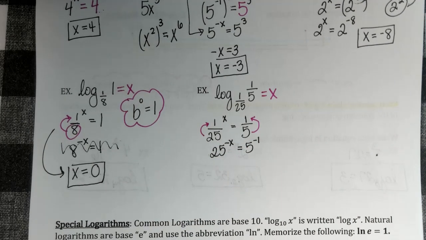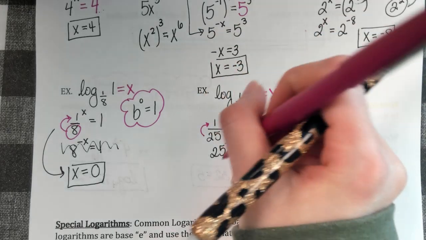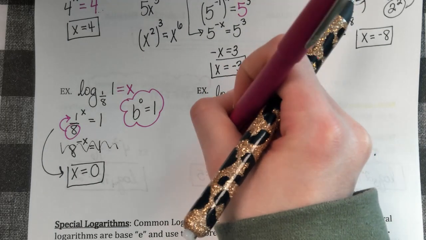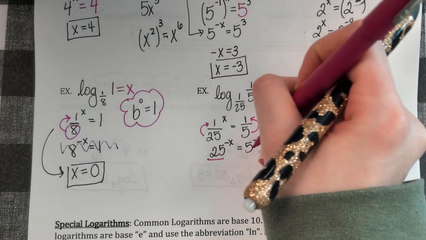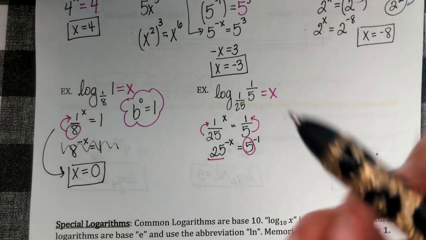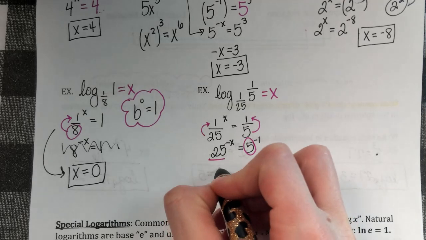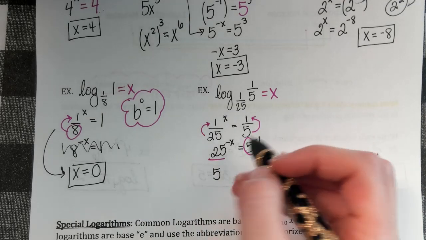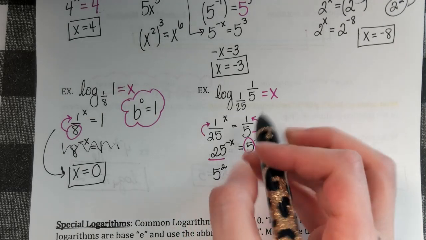Can I say negative x equals negative 1? No, because I don't have like bases. So what do I need to do? The larger number, which is 25, needs to get manipulated to have a base of 5. So 25 is the same as 5 to what power? 5 squared.